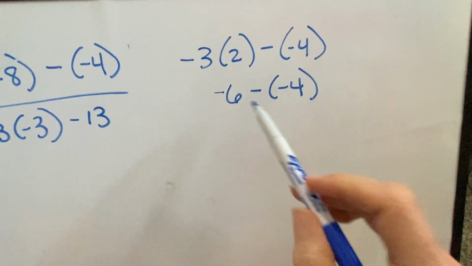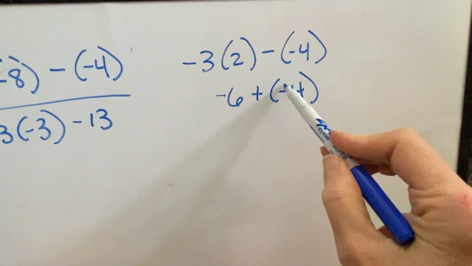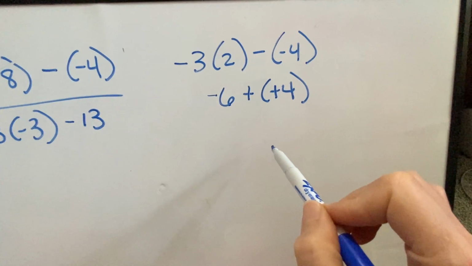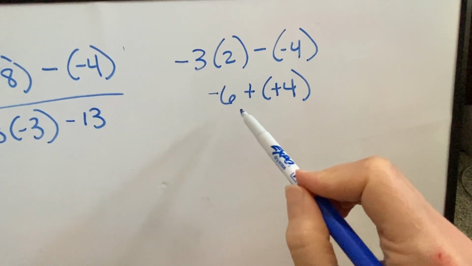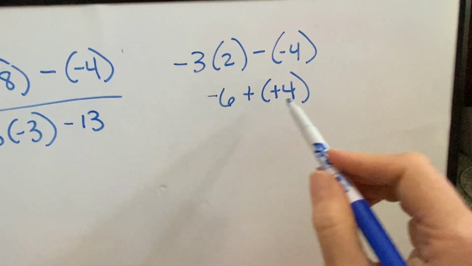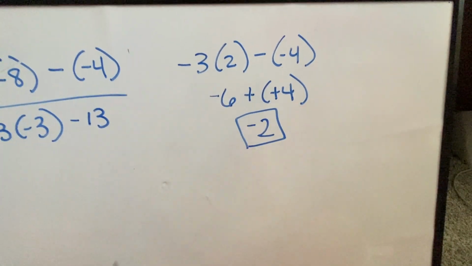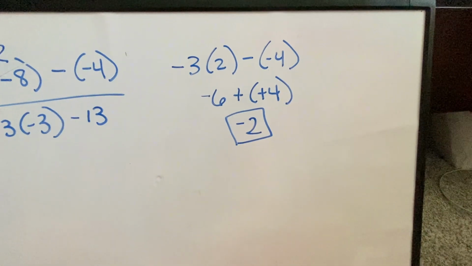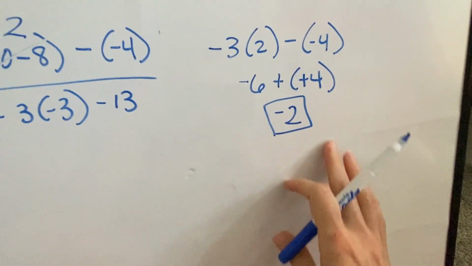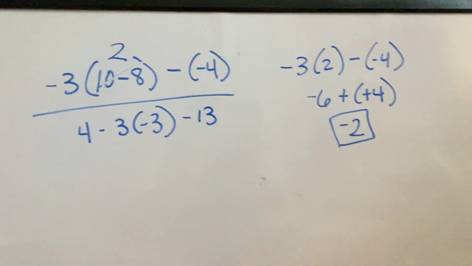Add and subtract next from left to right. Two negatives is positive. This is 4 minus 6 basically, or negative 6 plus 4 is negative 2. Okay, so our numerator is now negative 2. It's not the answer, it's just the answer to our numerator.